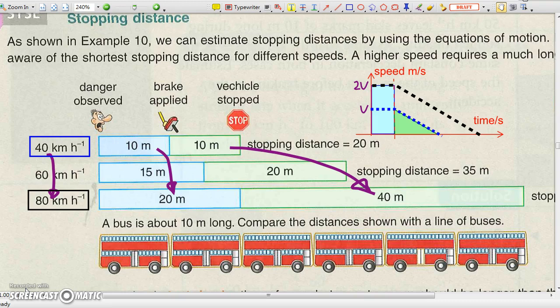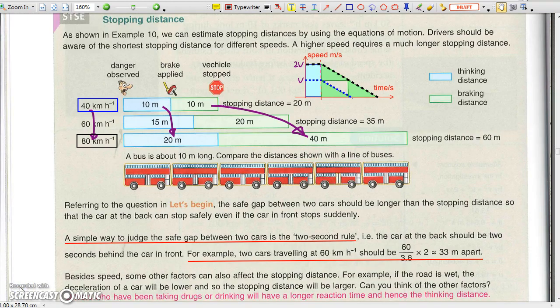What about the braking distance? The braking distance increases by 4 times, as you can see, represented by the big green triangle under the black velocity time graph. And now read the STSC section at the bottom of the page.